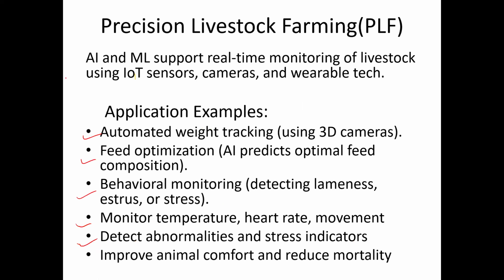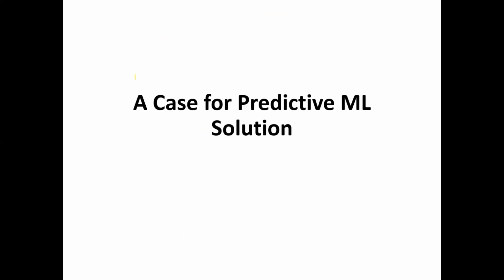All these we extensively discussed as benefits and application examples that can come from precision livestock farming, which uses AI and machine learning in the system of farming.